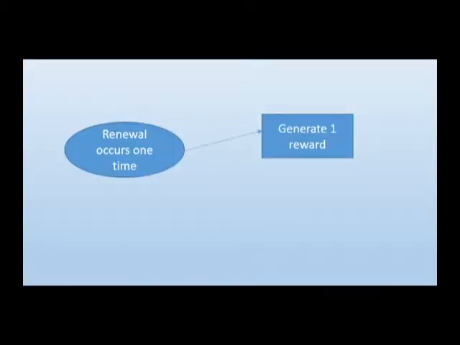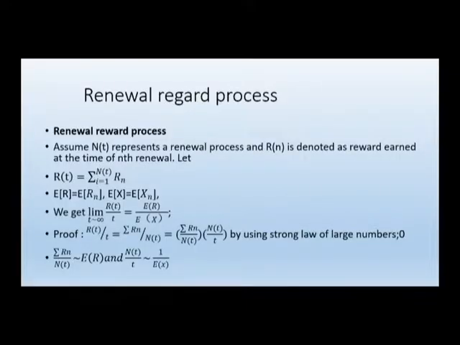To calculate the long-run time a regenerative process spends in any state, we need to use the property of a renewal reward process. The renewal reward process is under the assumption that we get a reward after a renewal occurs.